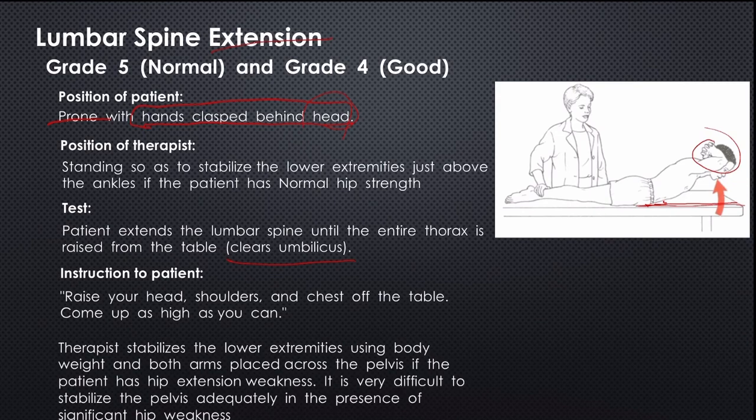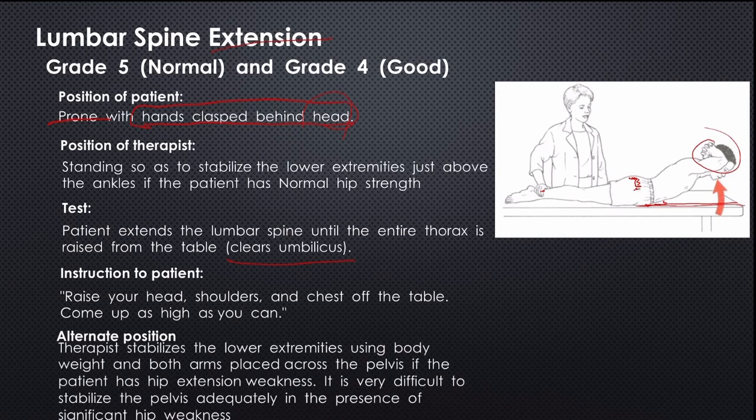You can either put the other arm over here if the patient has hip extension weakness. If the patient cannot, you're just simply isolating, right? Because there's weakness here, there could be an inability to perform this action here. So stabilization is required to isolate the lumbar region from the hip region during this test.